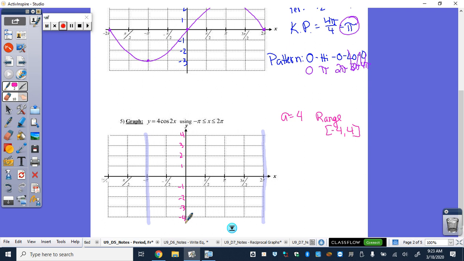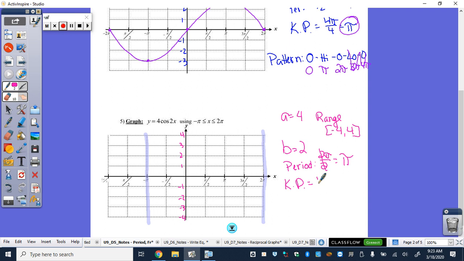Other thing we know, frequency is a 2. So my period of 2 pi over 2 ends up being pi. So that means, because my period is pi, one entire cosine curve is going to happen from 0 to pi.